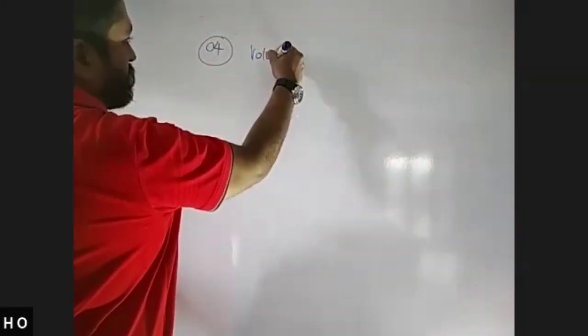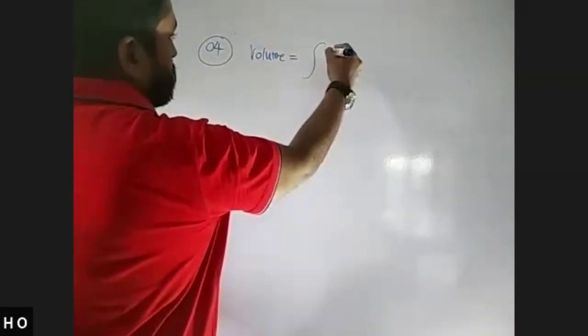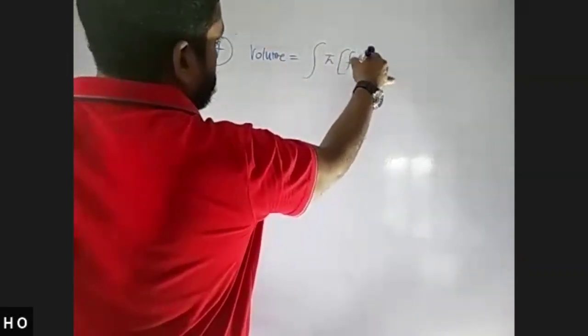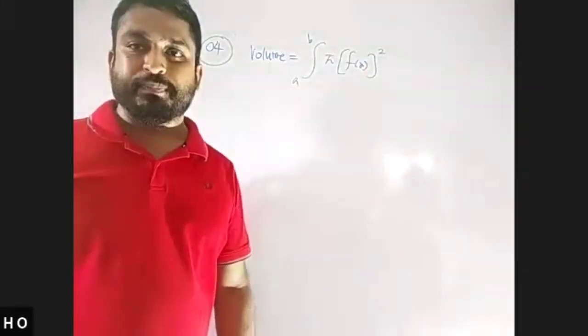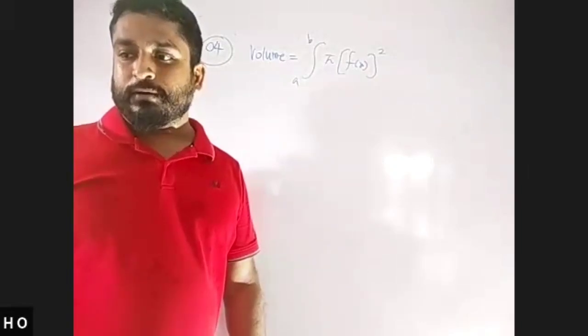By the way, it is not needed. So let us directly go for the formula. The volume equals pi integral of y squared for the appropriate limits, right? For the appropriate limits.